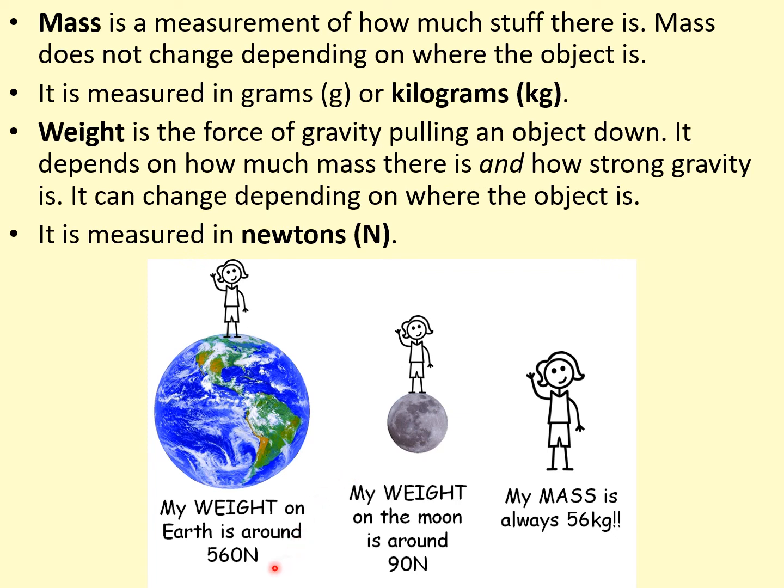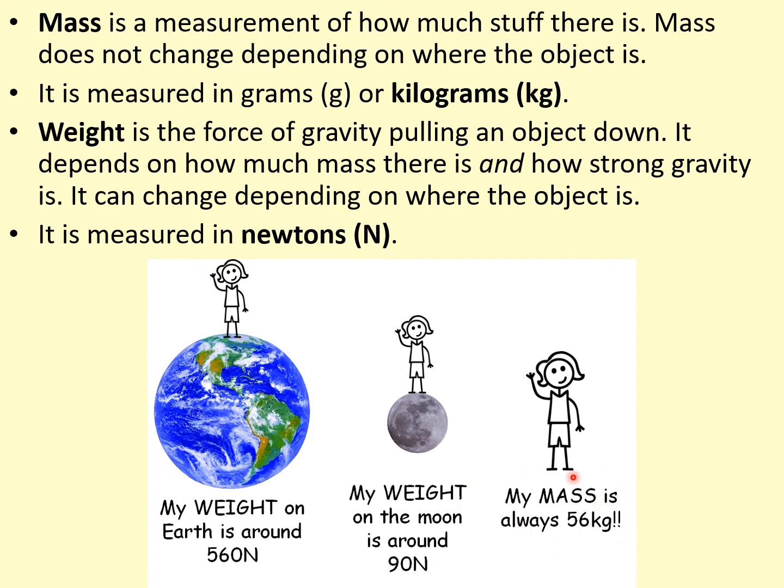So this person's weight on Earth is around 560 newtons, whereas on the Moon, because gravity is weaker, their weight is 90 newtons. However, the person's mass is always 56 kilograms.